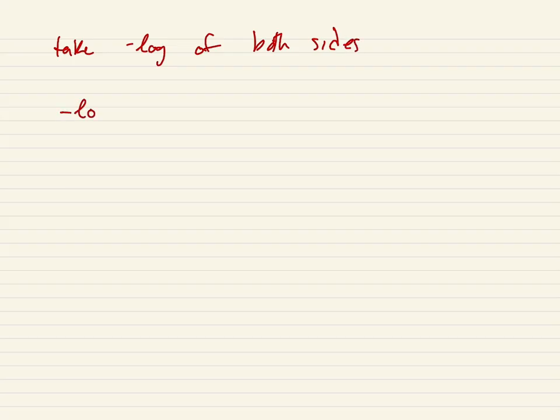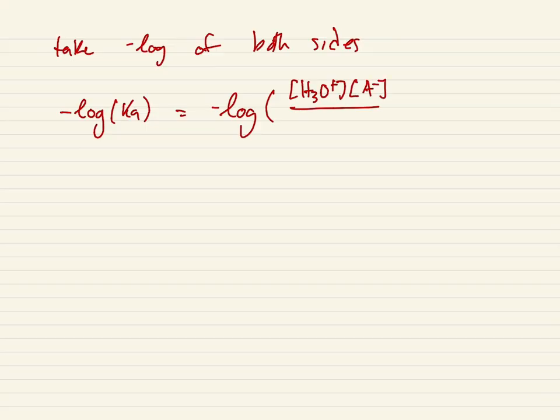We get minus the logarithm of Ka is equal to minus the logarithm of H3O plus A minus over HA. We can just split things up because of definitions that we know. For example, we know minus log of Ka is equal to what?